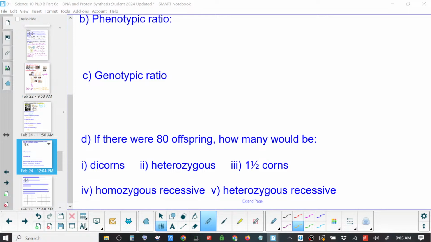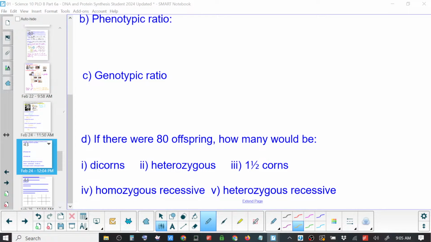Are we done? Okay. I want the numbers out of 80 at the very bottom of your sheet. If there were 80 offspring, how many would be dicorns, heterozygous, 1.5 corns, homozygous recessive, and heterozygous recessive?